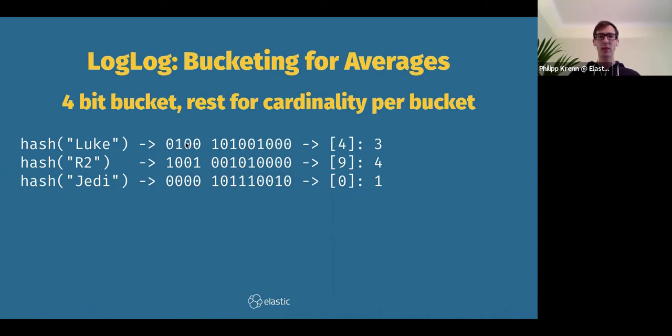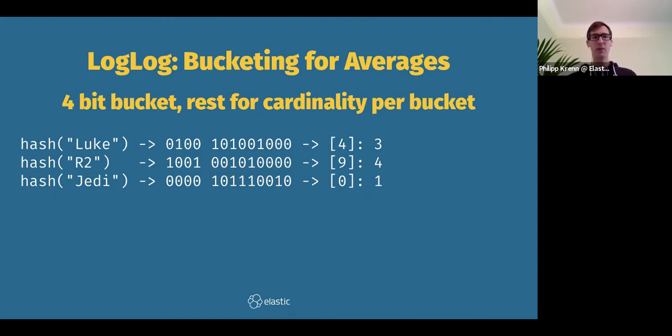So this here, the 0, 1, 0, 0, binary 4, that's bucket 4, and it has 3 leading zeros. Bucket 9 has 4 leading zeros. Bucket 0 has one leading 0. What you basically do is use a single hash function and virtually group it into multiple buckets.